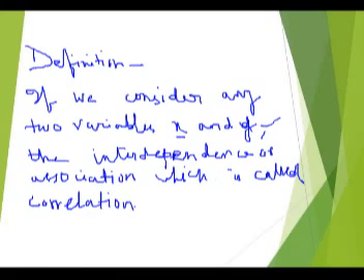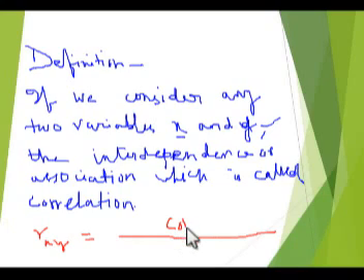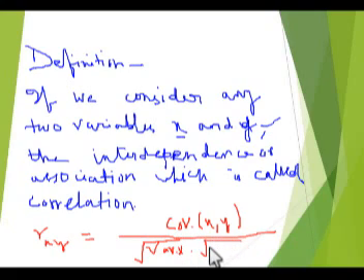If this correlation for the variables x and y is expressed by small r, then it is expressed in this way: rxy is equal to the covariance of x y, divided by root over of variance of the random variable x, multiplied by root over of variance y.